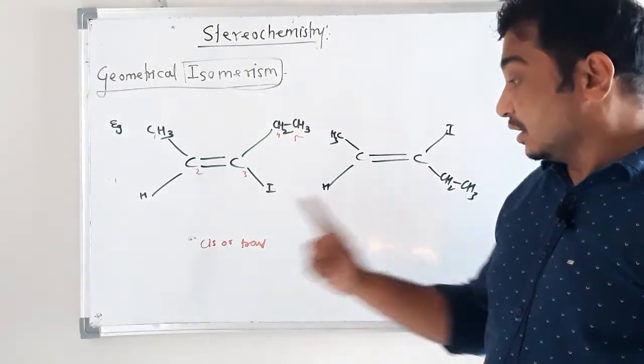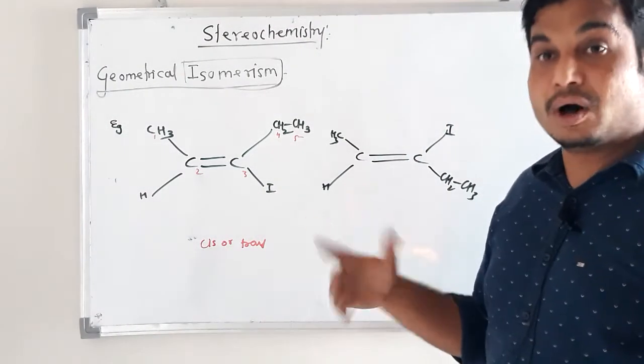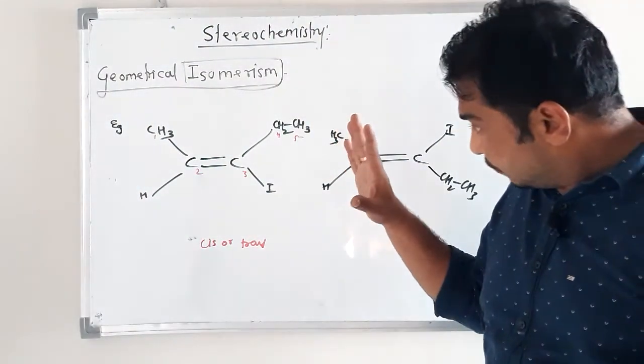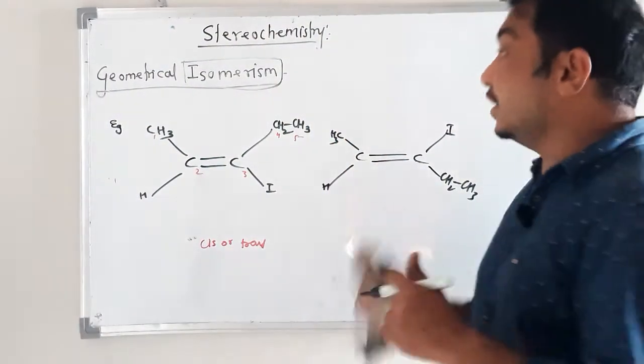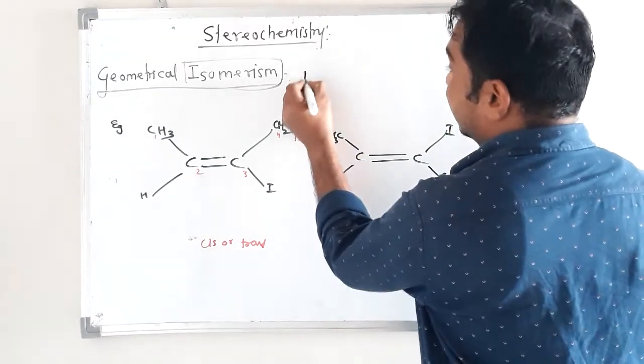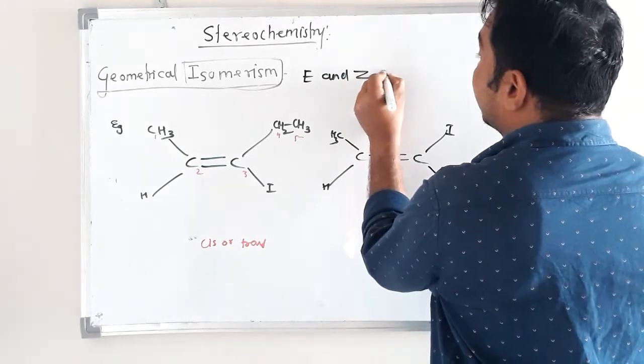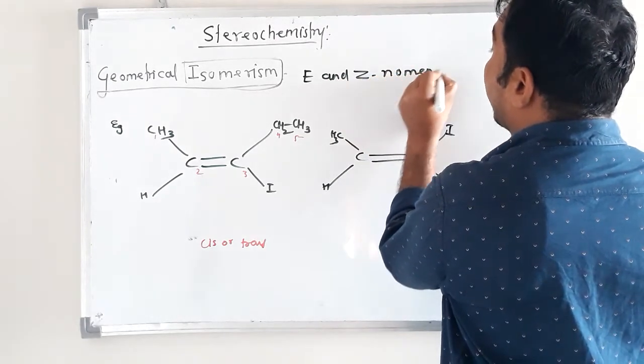That's why cis-trans isomerism or nomenclature is not possible. For such types of compounds, there is EZ nomenclature. E and Z. EZ nomenclature.